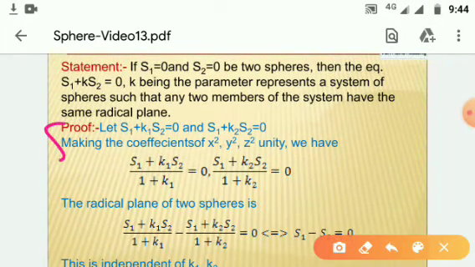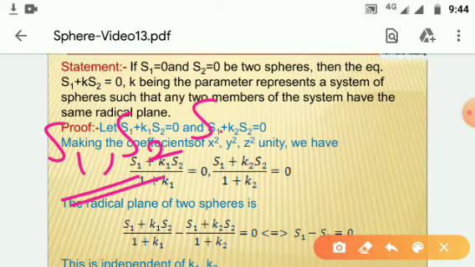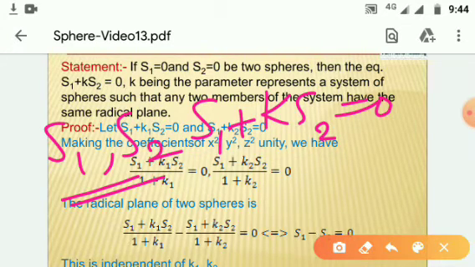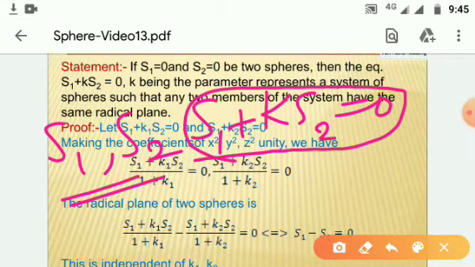Suppose S1 is one sphere and S2 is another sphere. If you write the equation S1 + KS2 = 0, where K is a parameter, this equation gives a system of spheres.